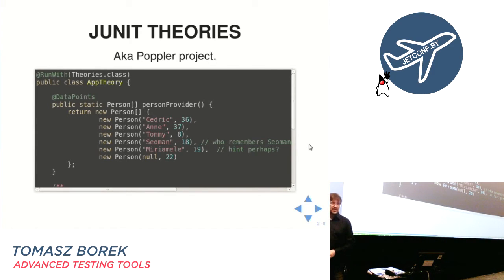Mathematical theory says that we may assume something, and once the assumption is met, other things are true. So, in the world of software testing, you're specifying a number of parameters as input, and you say that all those parameters are satisfying your theory, aka your test, and thus when your test, aka theory, is running, it will pass with all those parameters.